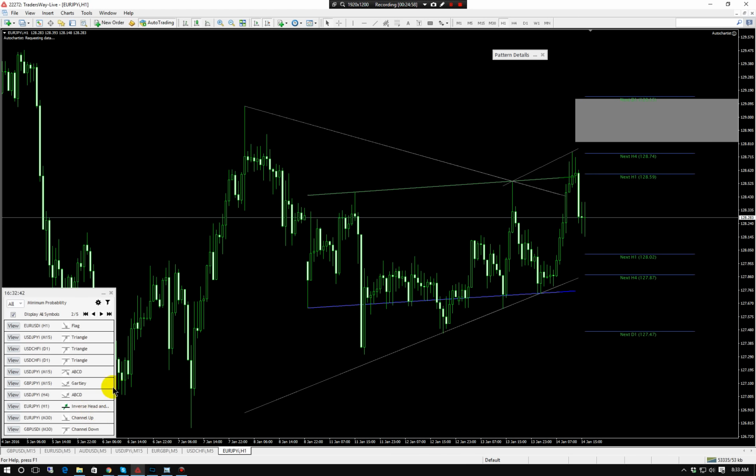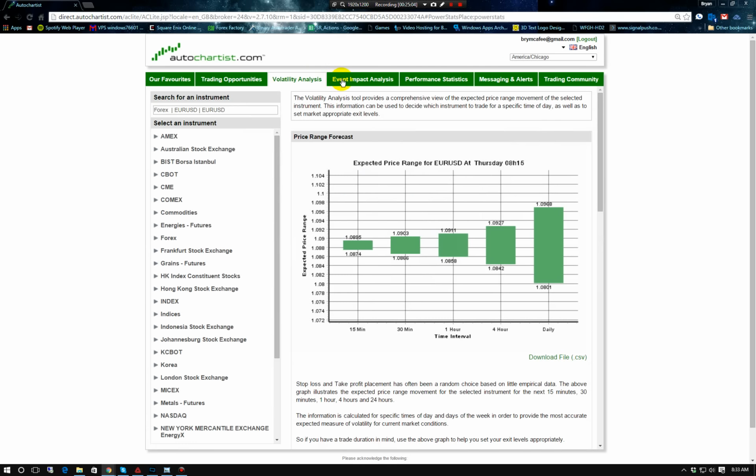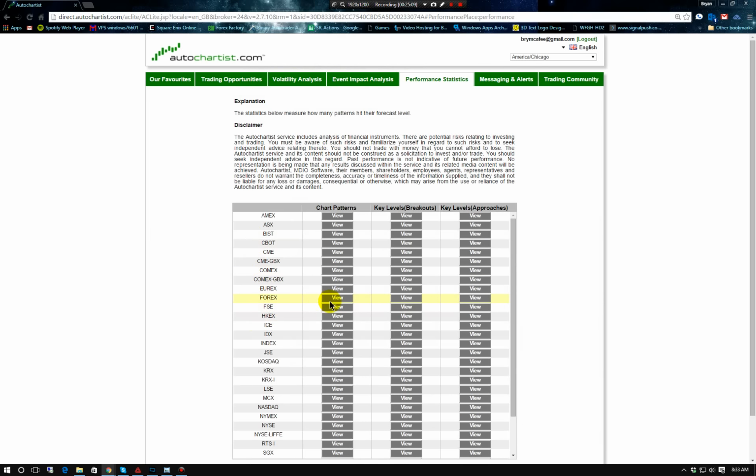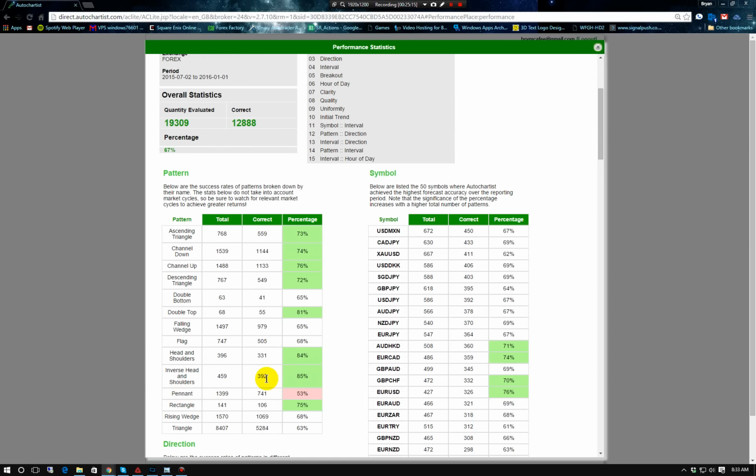Inverse head and shoulders. I want to see something real quick. Performance statistics. View. Inverse head and shoulders, it says, is 85% correct.